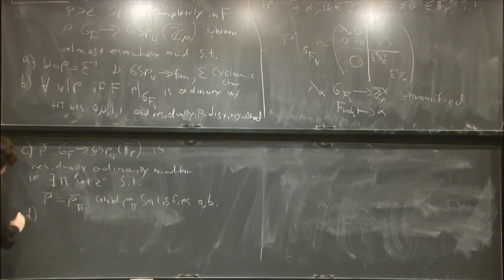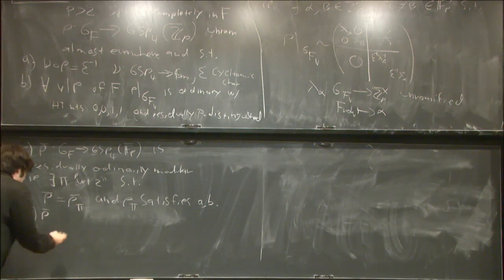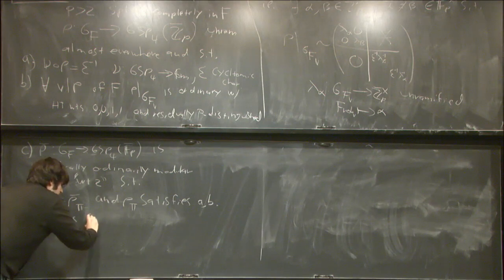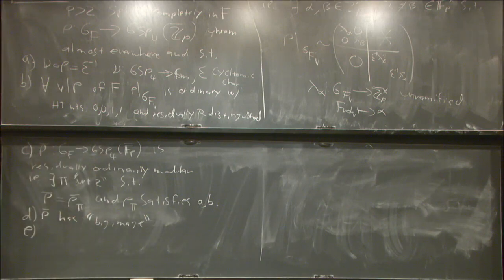OK? And now the last two conditions are kind of technical, so I won't say very much about them. First of all, we need some kind of big image condition on the residual representation. So I'll just say that rho bar has big image, some condition used to pick Taylor-Wiles primes.